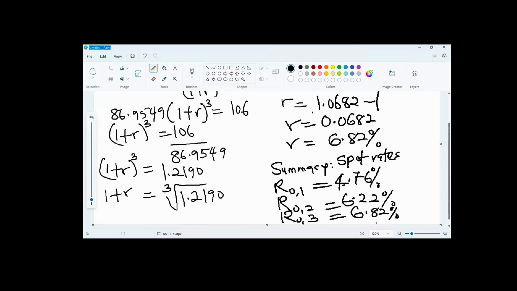You can now compute your forward rates. Look at the formula for forward rates.